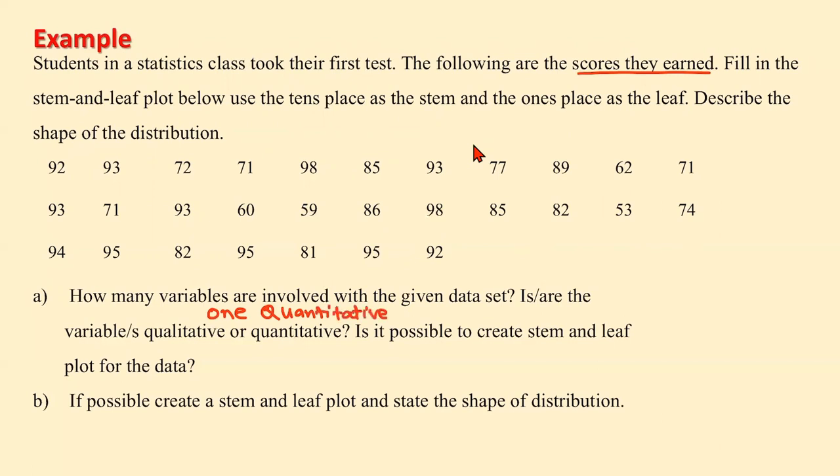And that is the answer for how many. Also here, what they ask is, are the variables qualitative or quantitative? We already did that. Is it possible to create a stem and leaf plot? Yes, because the data involve one quantitative variable. So the answer for this one is yes, we can create a stem and leaf plot.